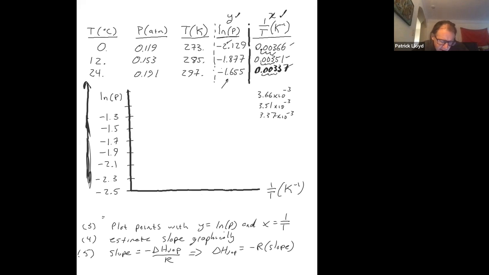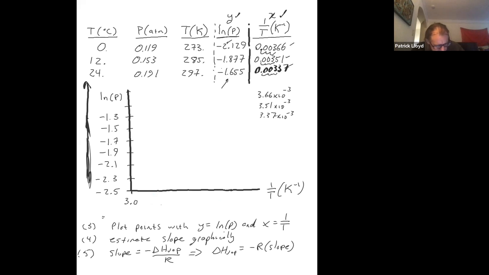Okay, so now we want to go from 3.37 all the way up to 3.66. So what I'm going to do is I'll put 3.0, 3.2. Well, let's make them a little wider.